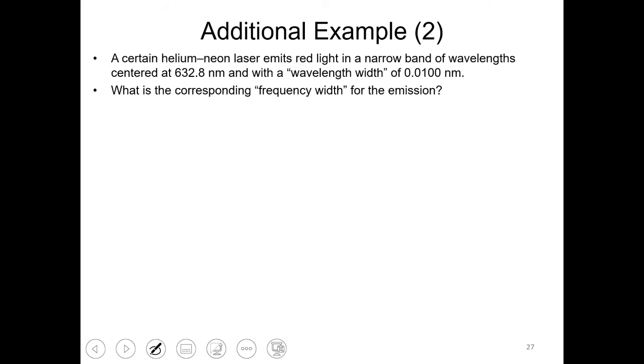In this question, it is 632.8 nanometer, and this width is 0.0100 nanometer, like this. So the question is what is the corresponding frequency width, or maybe delta F.